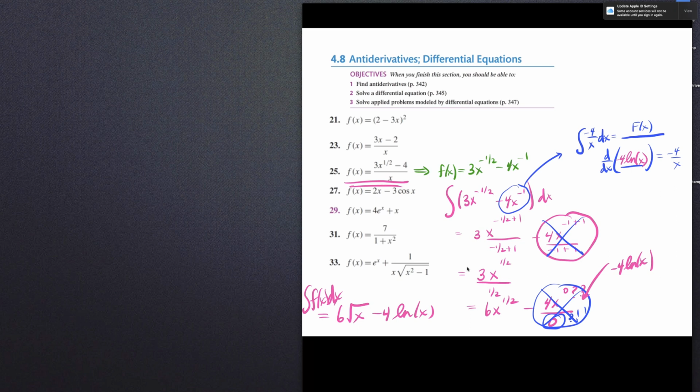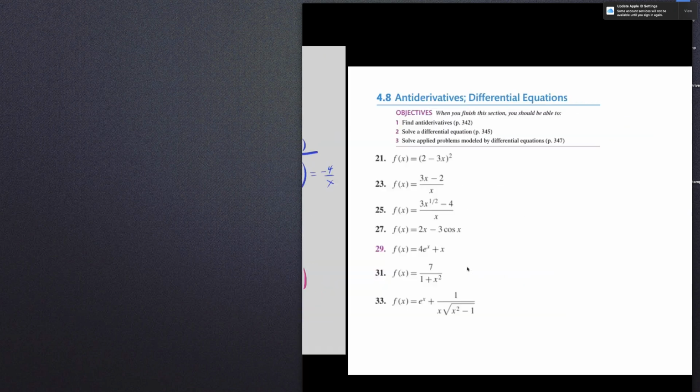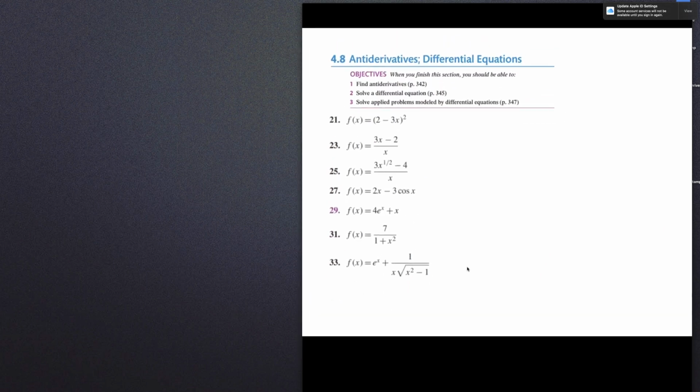Our last antiderivative to take a look at is this problem down here, number 33. What we're looking at in number 33 is a given function. Find the antiderivative of e to the x plus 1 over x square root of x squared minus 1.